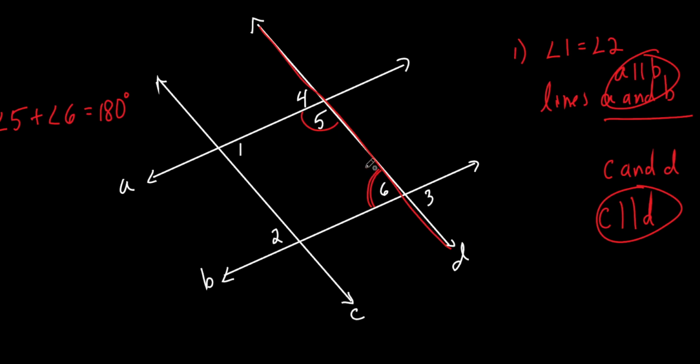See how 6 connects to this line right here, 5 connects to this line right here? That's your transversal. So the other two must be parallel to each other. Make sense? I say that all the time, and I probably shouldn't, because if it doesn't make sense, you probably wouldn't even say anything.